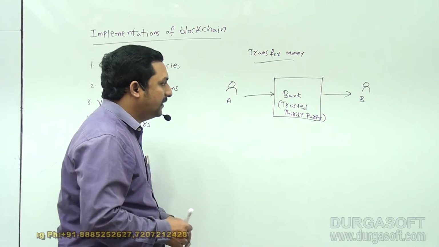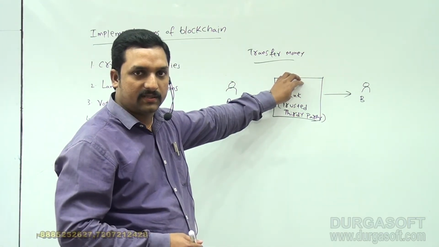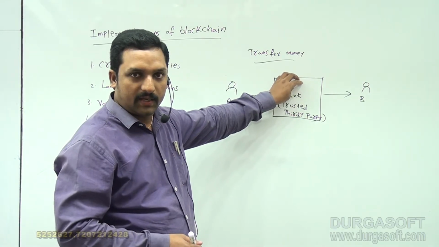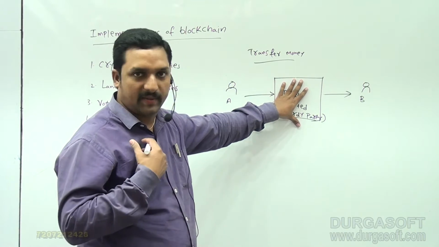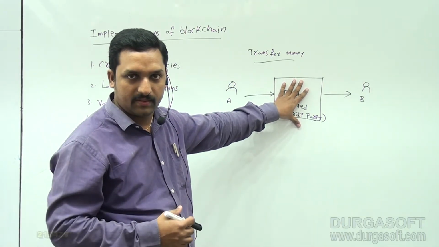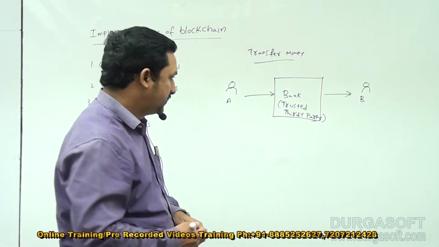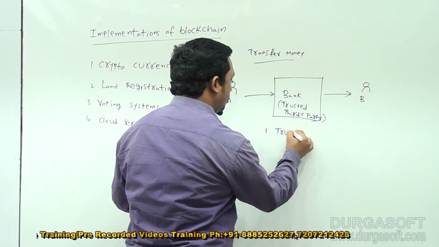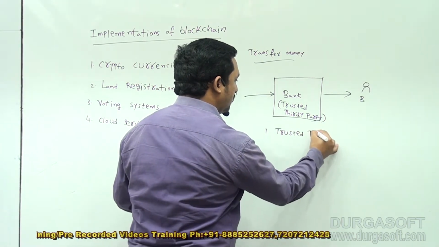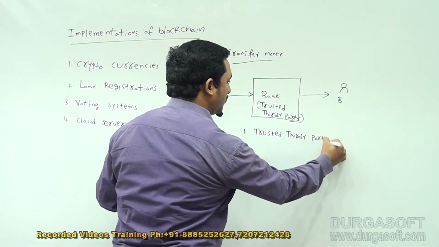So, here, what if the bank is doing some fraud? What if the bank is not working at that moment? I want to transfer the money urgently. So, there are some problems with the bank. Mainly, we have three problems. Number one, a trusted third party is required.